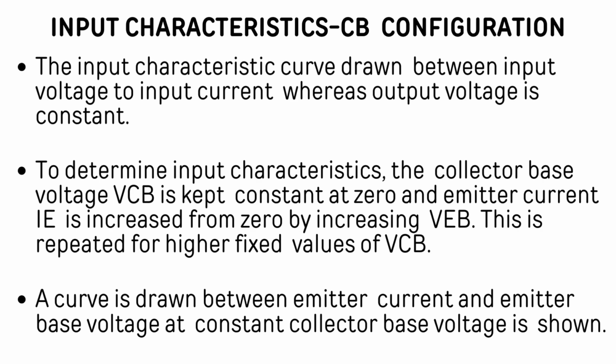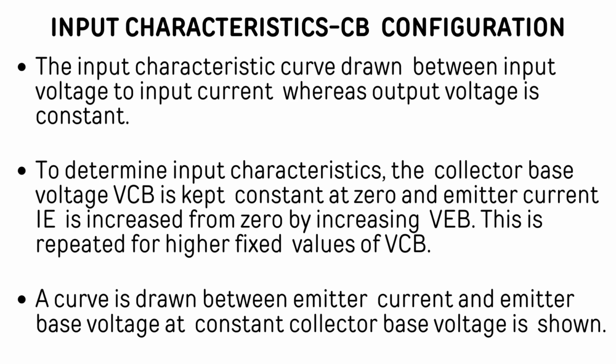Input characteristics of CB configuration. The input characteristics curve is drawn between input voltage and input current whereas output voltage is constant. To determine the input characteristics, the collector base voltage VCB is kept constant at 0 and the emitter current IE is increased from 0 by increasing VEB.